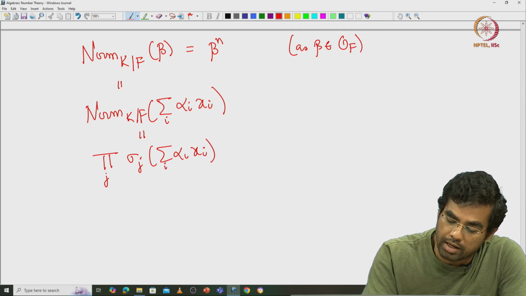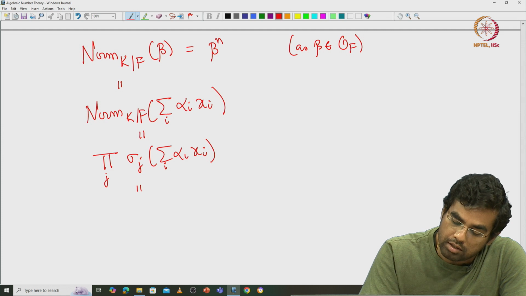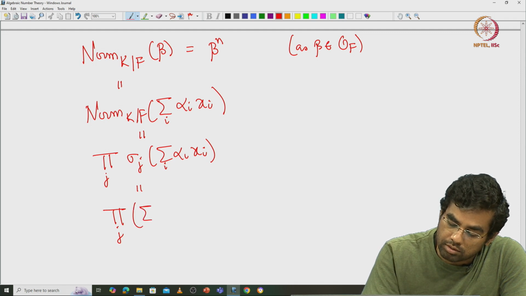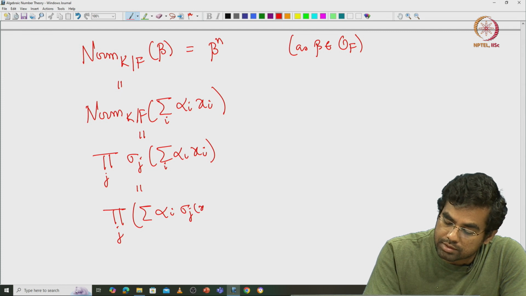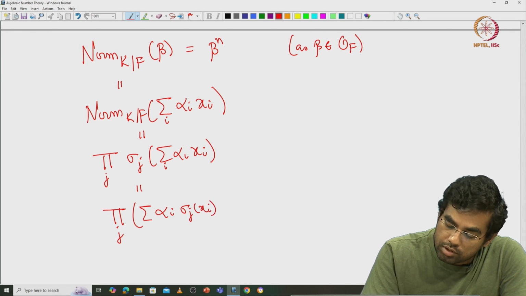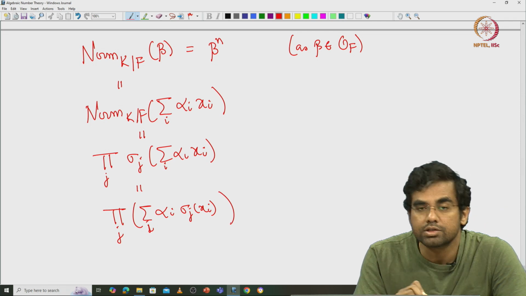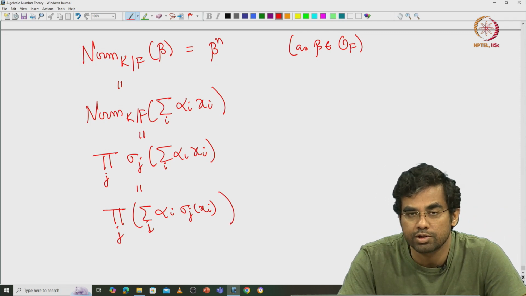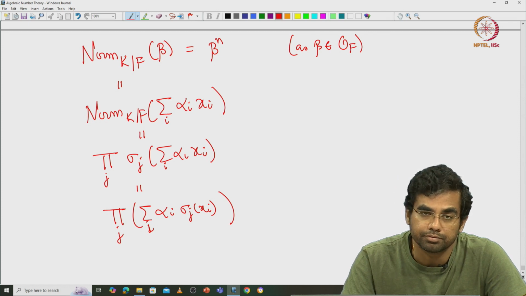This i has nothing to do with j, and I can rewrite this as the product over j of the summation alpha i sigma j of xi, because sigma j is an embedding of K that fixes elements of F and the alpha i's are elements of F.